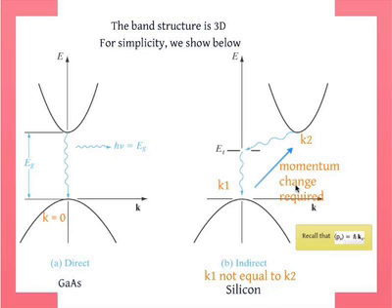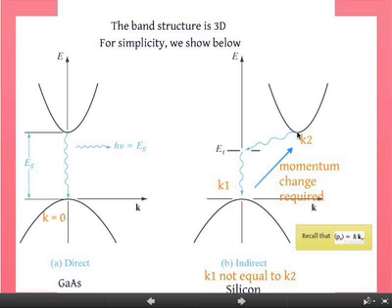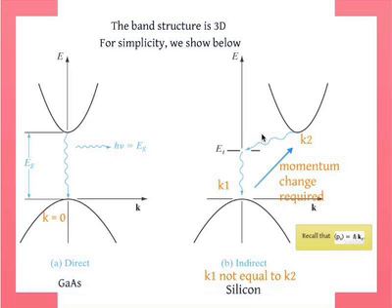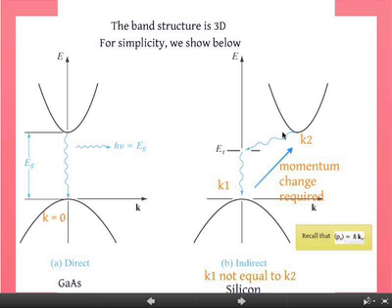But now, if an electron is up here and needs to relax down to the valence band, it needs to undergo a change in momentum, as shown here. Okay? So an electron in silicon, if it's in the excited conduction band, in order for it to relax to the valence band, it needs to lose momentum.